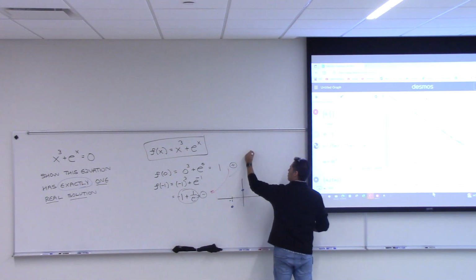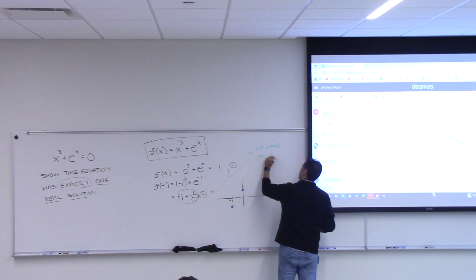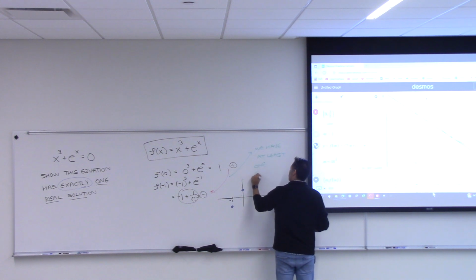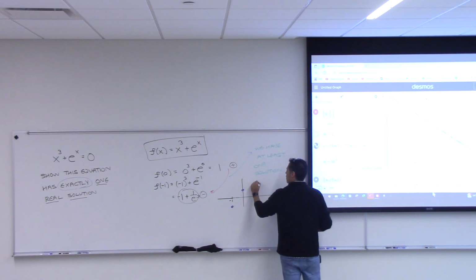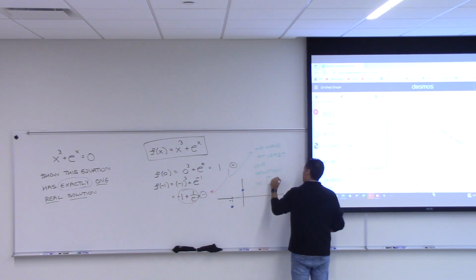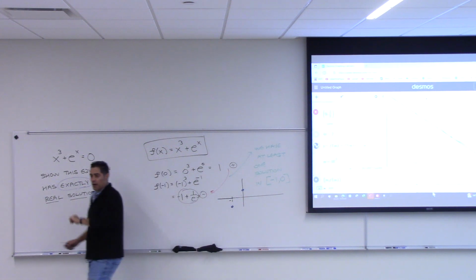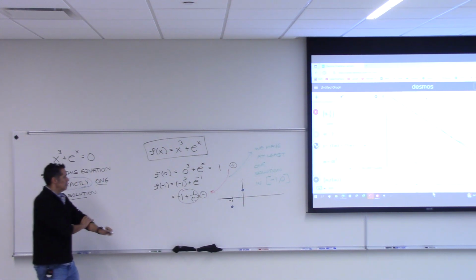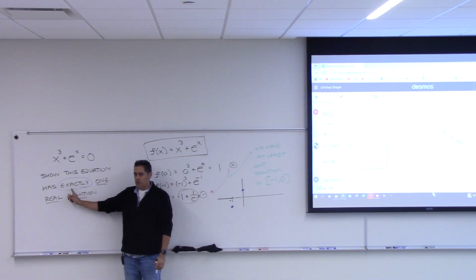That tells us that we have at least one solution to this equation in the interval -1 to 0. I have at least one, right? At least one. This says that there's only one, and we need to show there's only one.